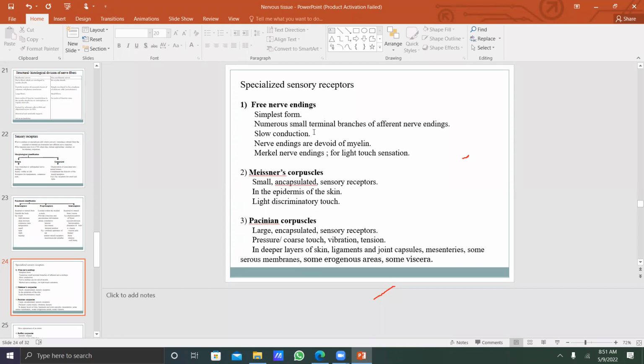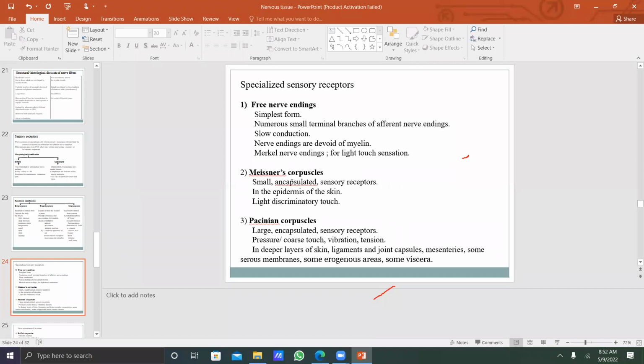They have numerous small terminal branches of afferent nerve endings. They have slow conduction, and the nerve endings don't have myelin. And there are Merkel nerve endings for light touch sensation.